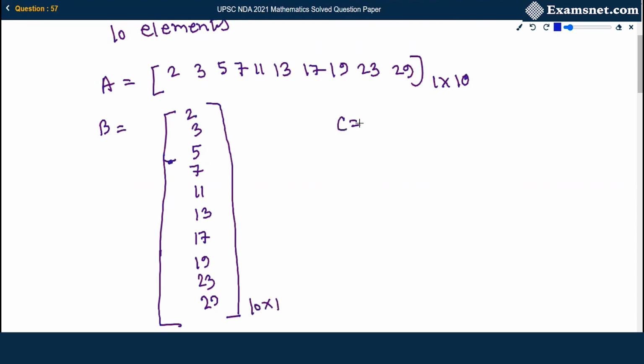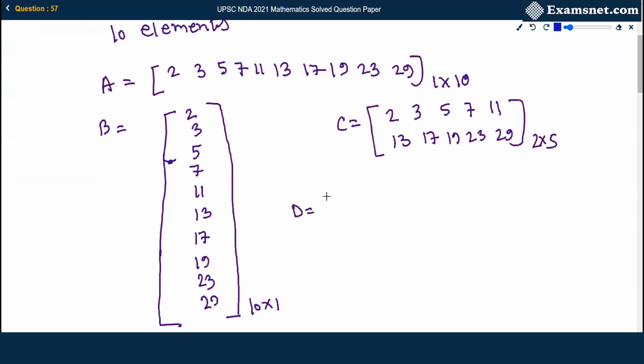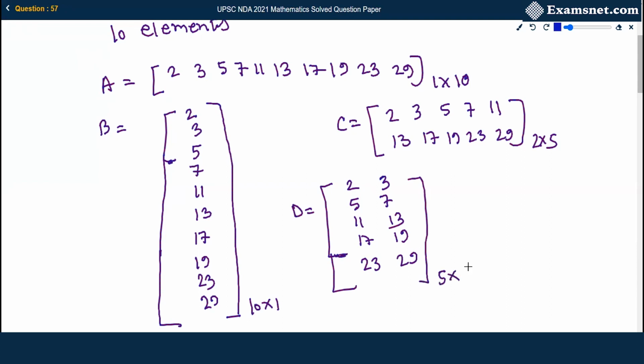One more matrix I can form is 2 rows and 5 columns. Here 2 rows and 5 columns. And if I reverse it, 5 rows and 2 columns.